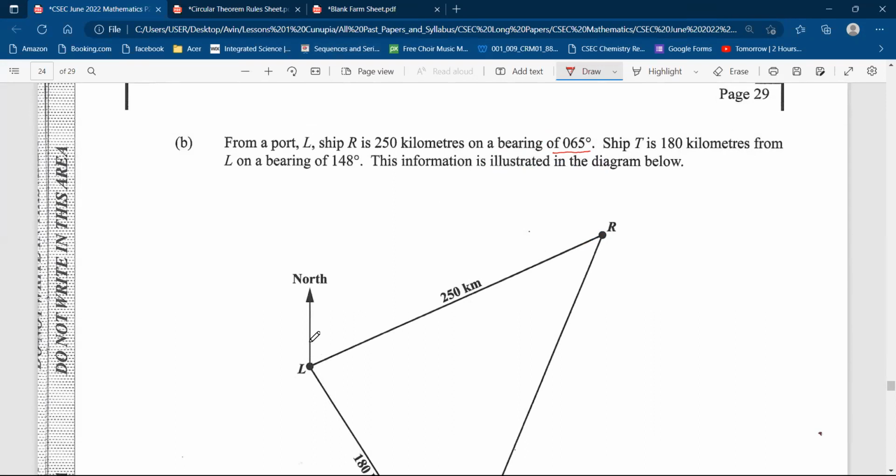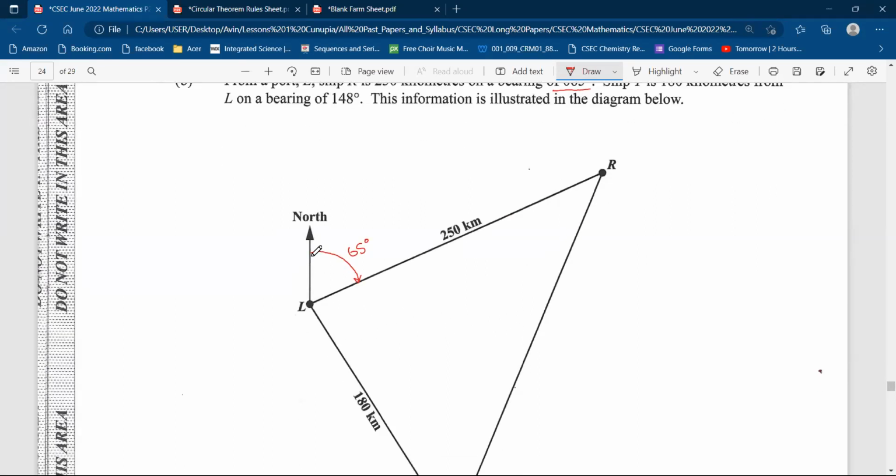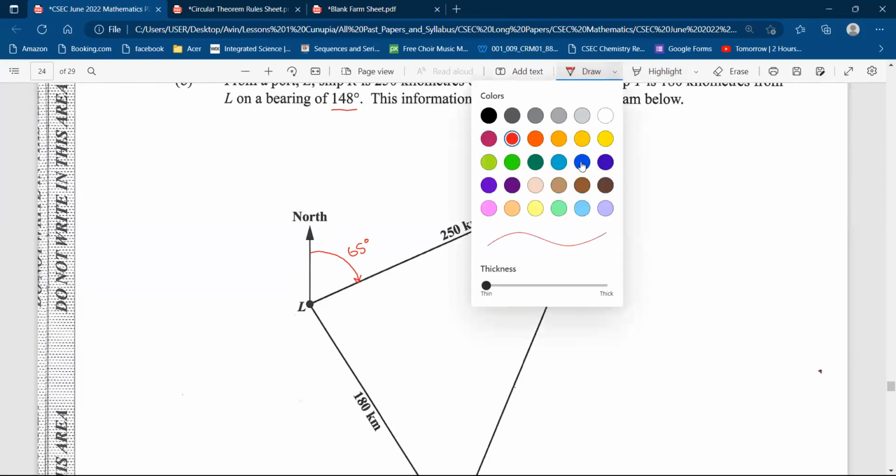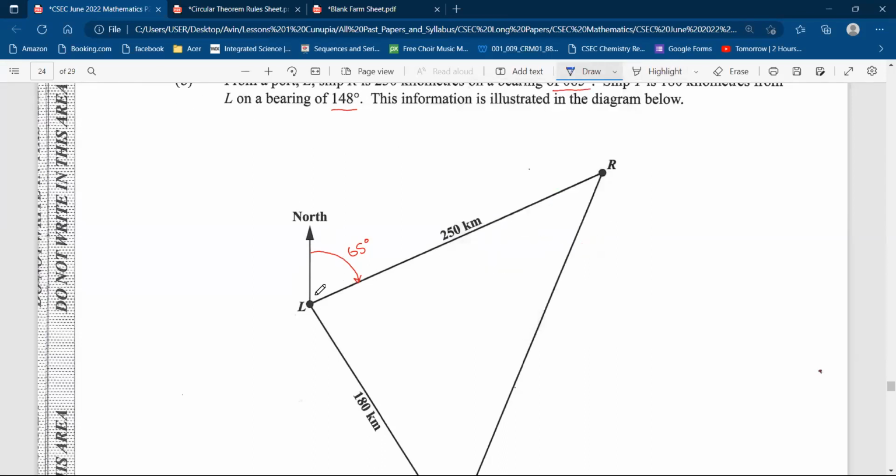That means north is the starting point, so from north to this line is 65 degrees. Now the next ship also started at L, but it turned on a different bearing, a little more. Instead of 65, it's 148.